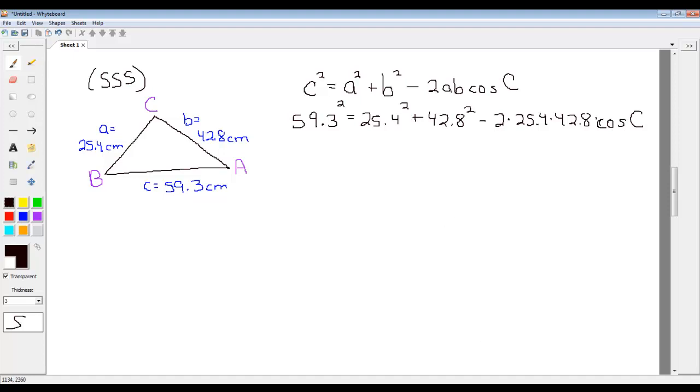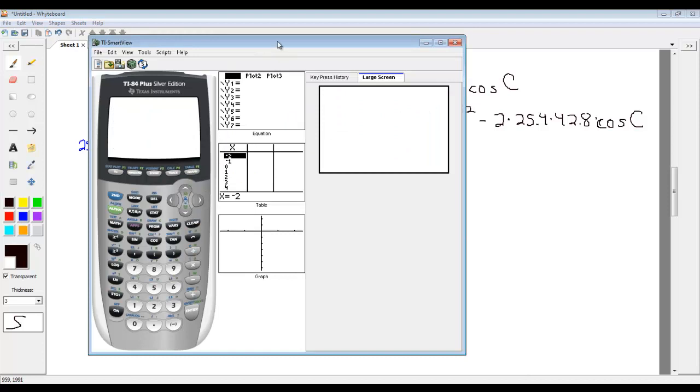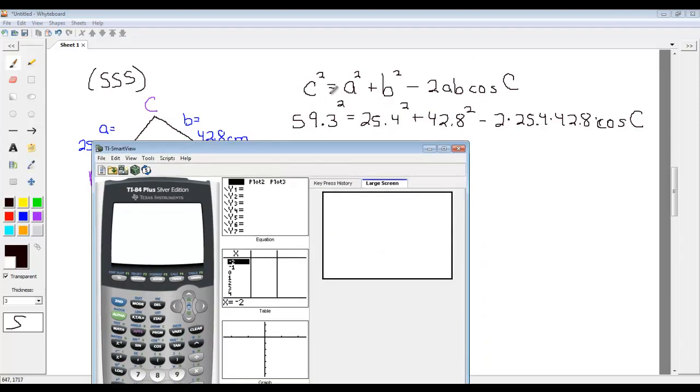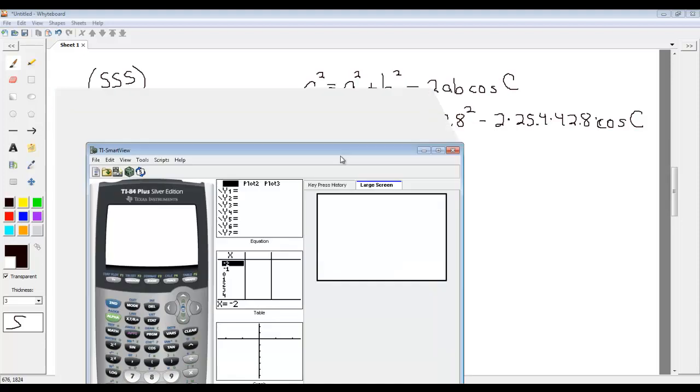Alright, let's pull up our trusty calculator to help us with this whole string of calculations. I'm going to do 59.3 squared, subtract 25.4 squared, subtract 42.8 squared, and then divide by negative 2 times 25.4 times 42.8. That's how that's going down.